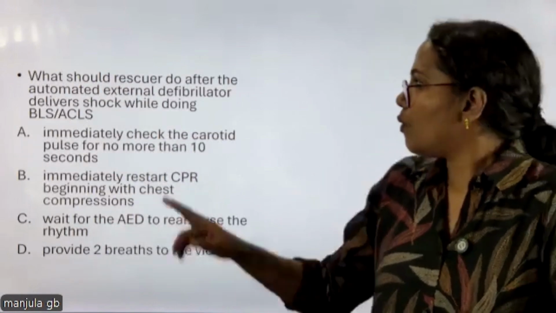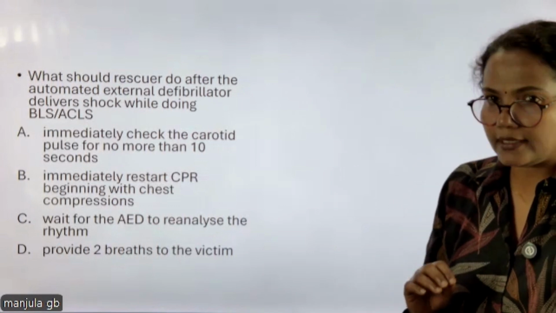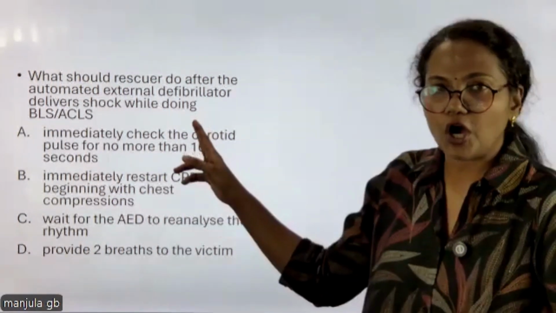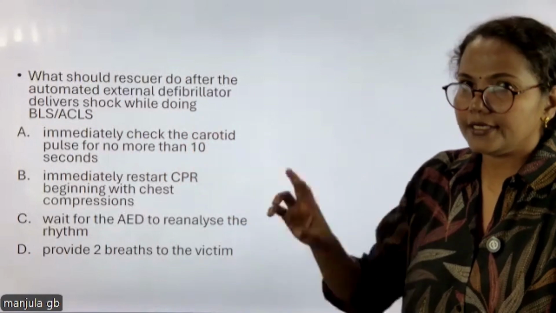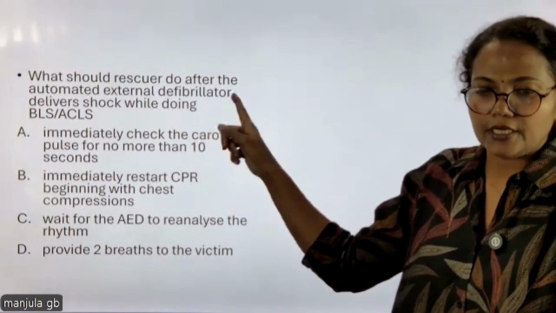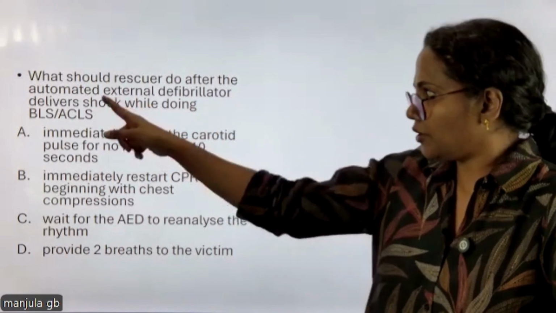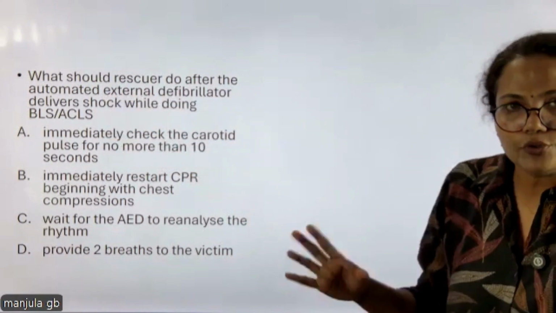Next question. What should a rescuer do after the AED, automatic external defibrillator, delivers shock by doing BLS or ACLS? Read the question carefully. After you are giving the shock or defibrillation, what should you do?